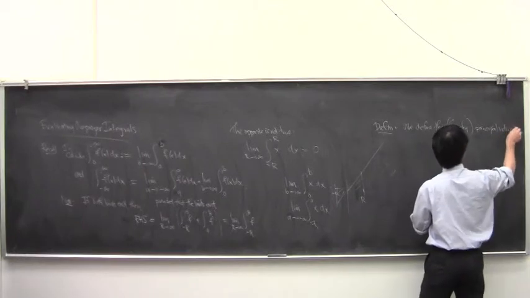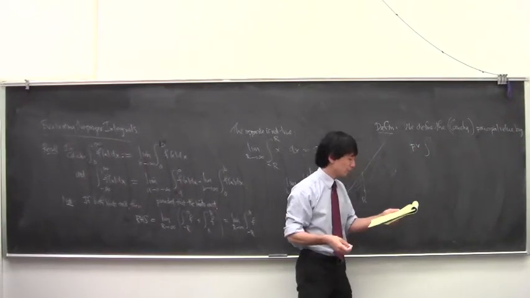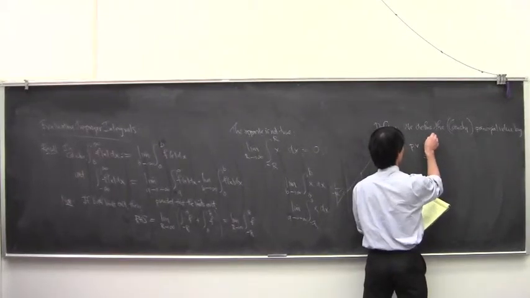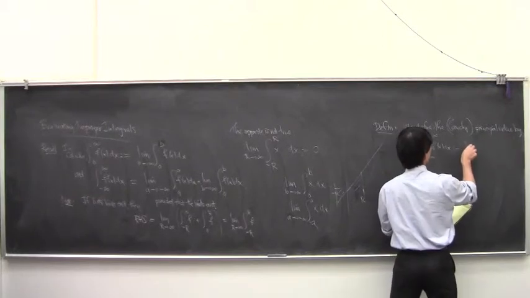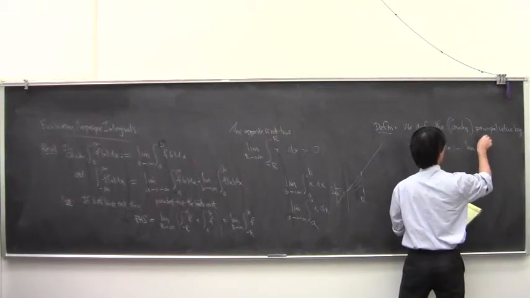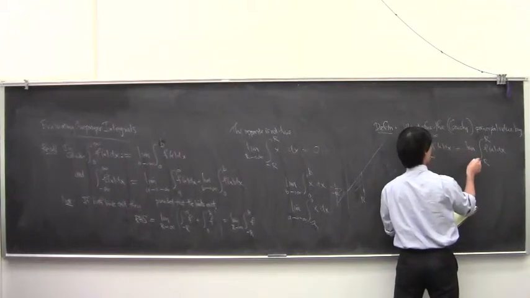One writes this as PV, and it is defined as the limit of the integral over that symmetric interval around the origin.